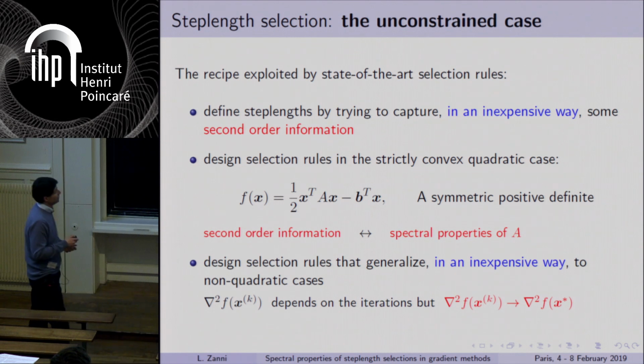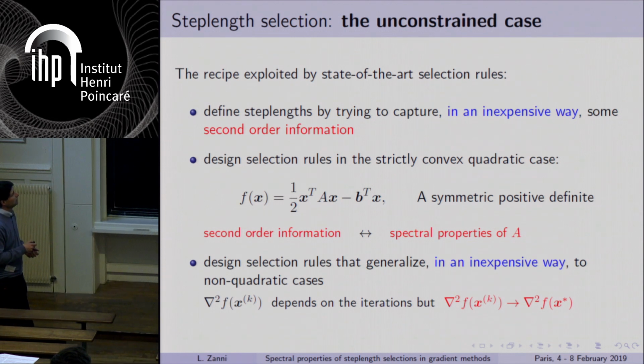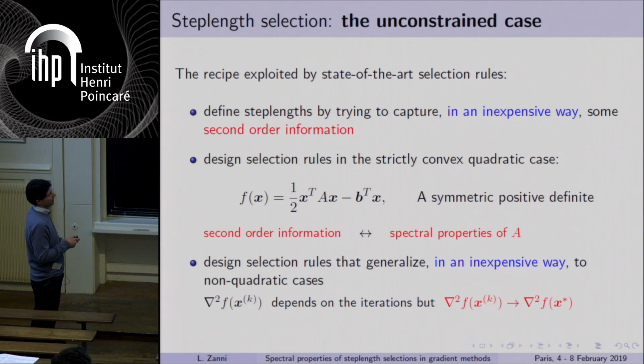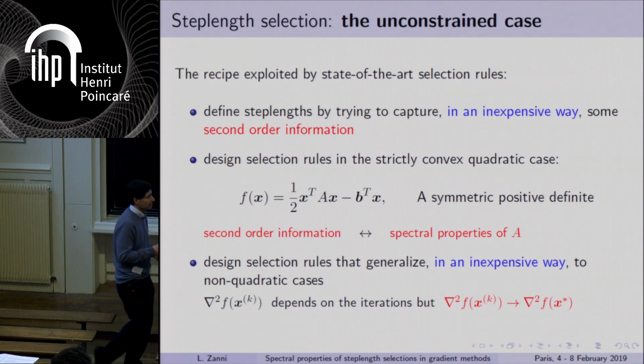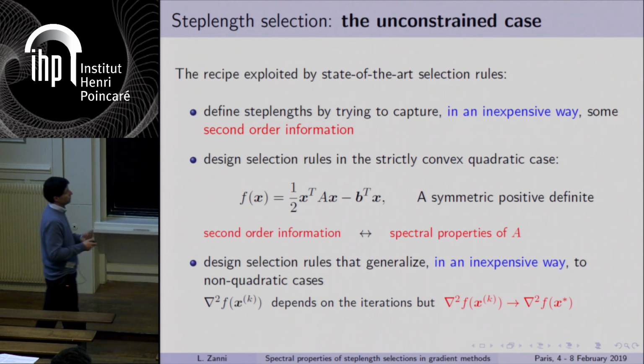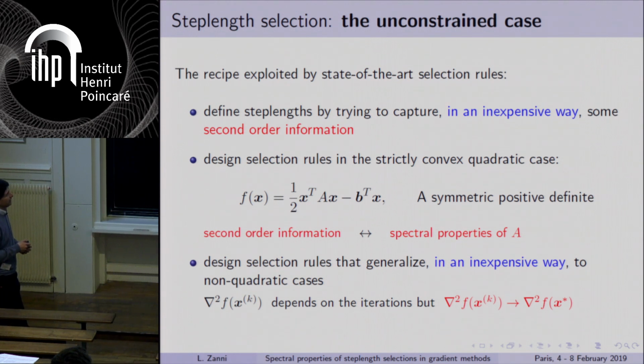Usually, these rules are designed in the simple unconstrained quadratic case, where the second-order information is related clearly to the spectral properties of the Hessian matrix A. And then, always in an inexpensive way, these step-length rules are generalized to the case of a general non-quadratic objective function.